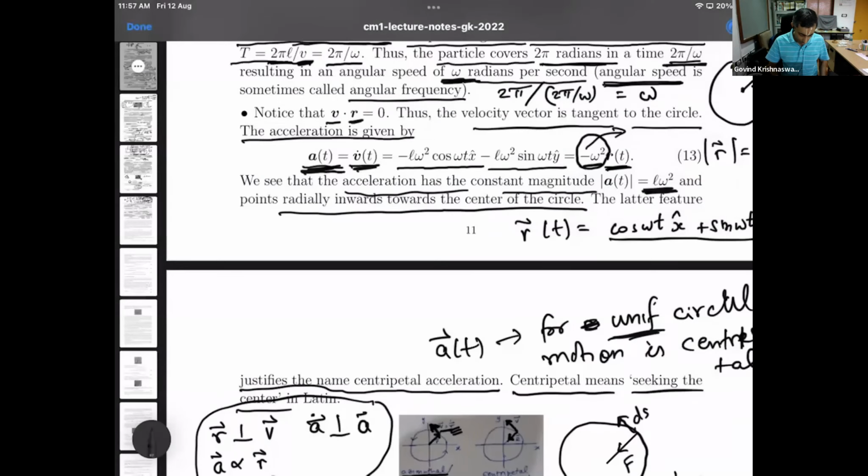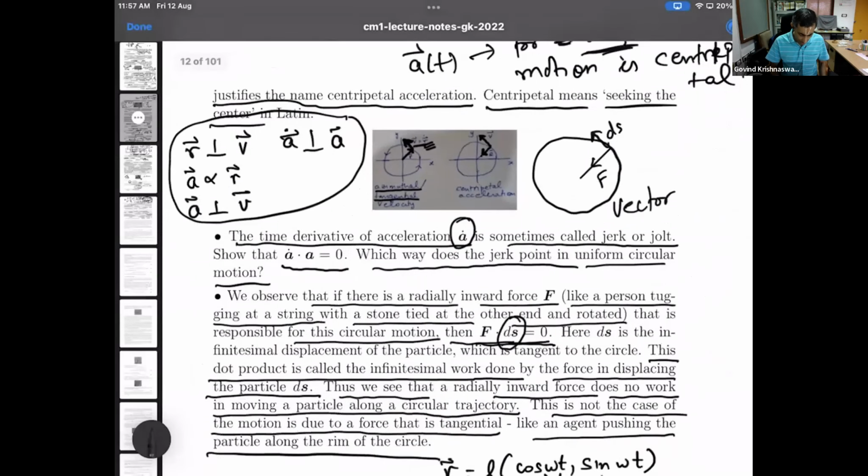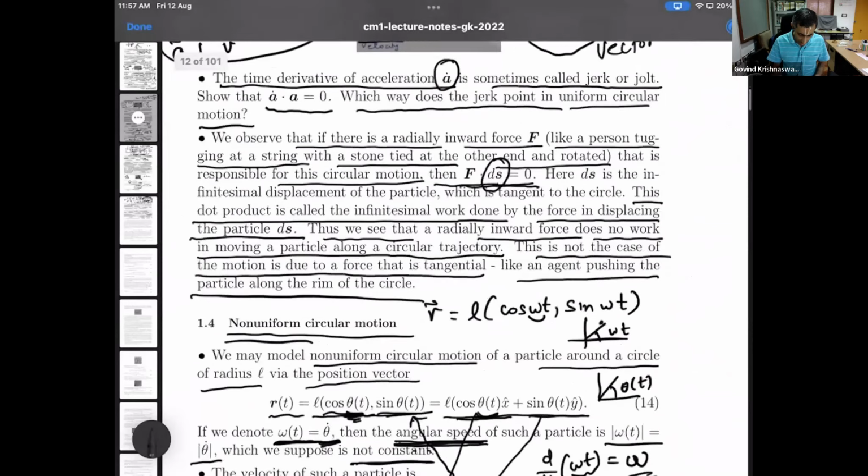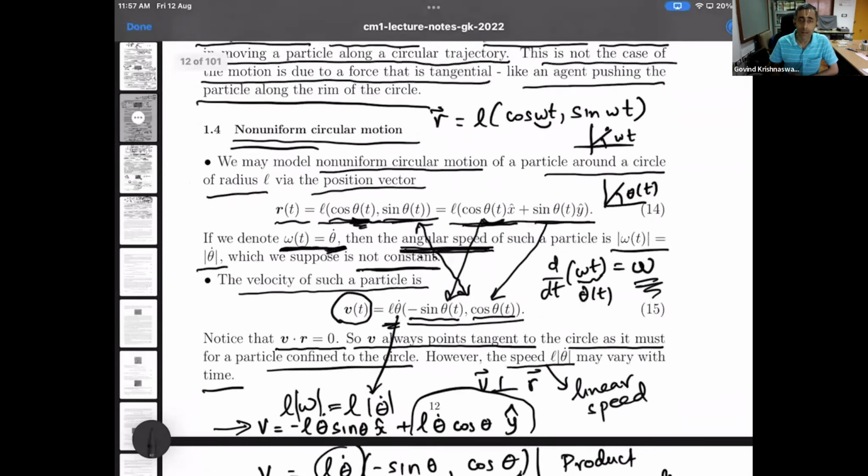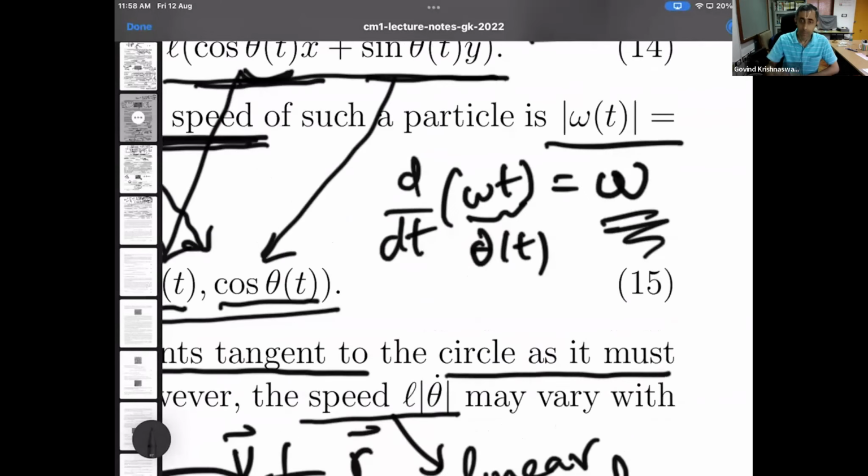Let me go back to that expression. We simply defined the rate of change of the angle subtended by the particle to be omega. This is a definition. One can't argue with the definition. One can only ask, is the definition a good one or a bad one?